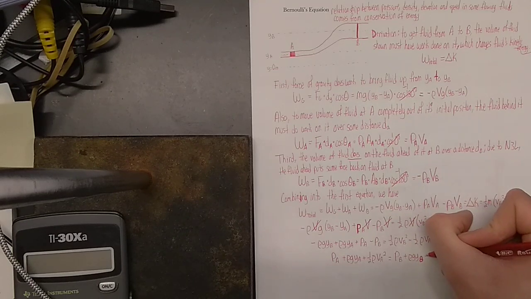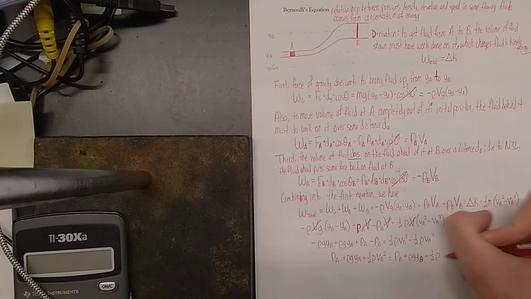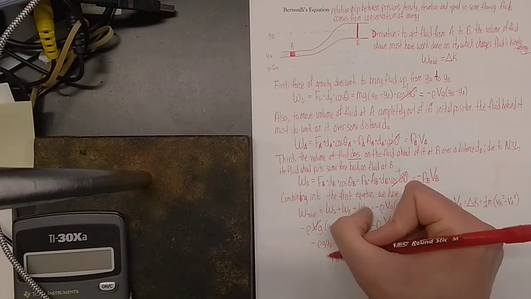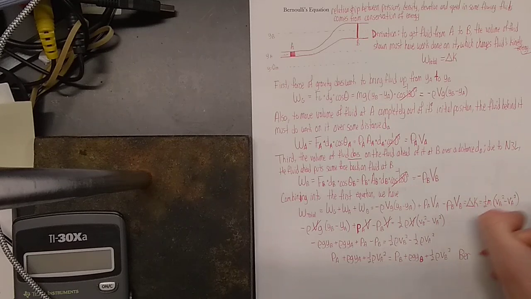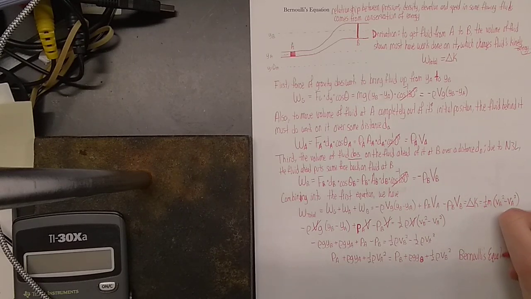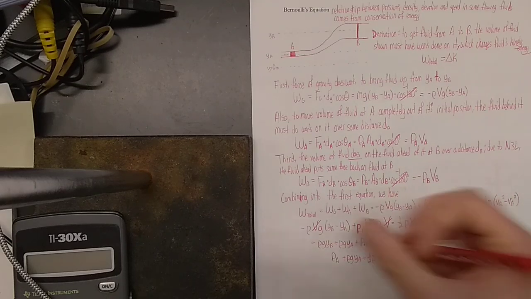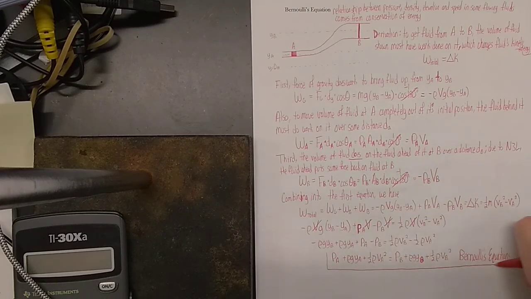So at point B. And this is known as Bernoulli's equation. You'll notice that it kind of looks like a conservation of energy statement, and that makes sense because it really is one.